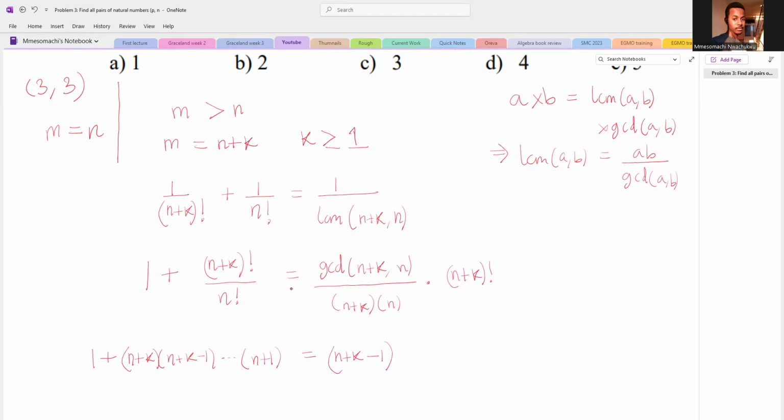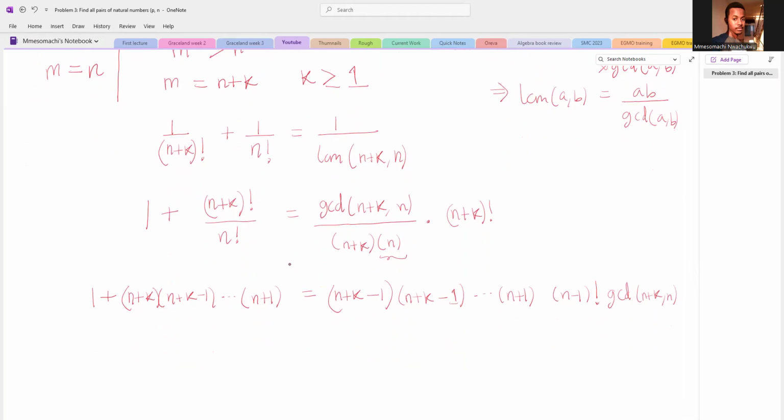When you cancel out n, we multiply up to n plus k minus 1, up to n plus 1. Now, because we also have n in the denominator here, I'm going to skip n and go to n minus 1 up to 1, so n minus 1 factorial. And times the GCD. Let's not forget the GCD of n plus k and n.